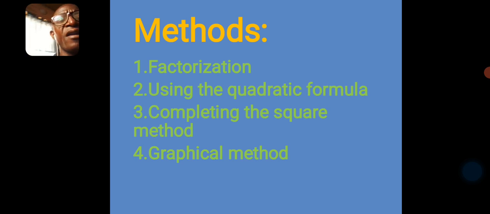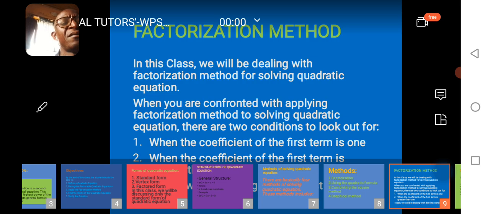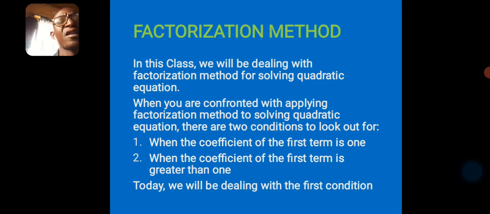Those methods are, number 1, factorization method, number 2, using the quadratic formula, number 3, completing the square method, and number 4, graphical method. All right? Again, for this class, we'll be looking at only the factorization method.